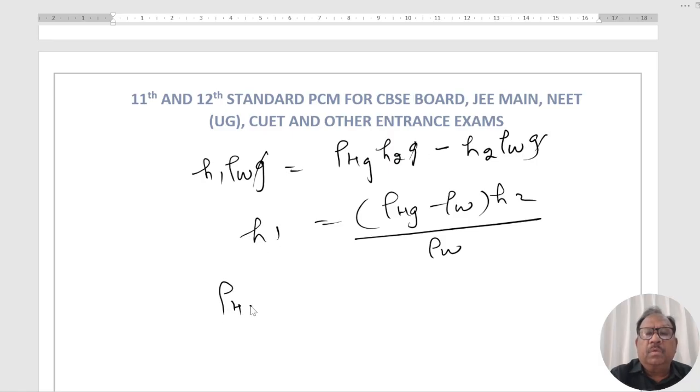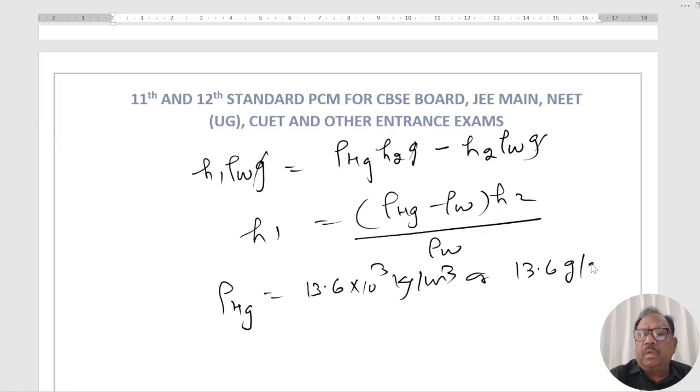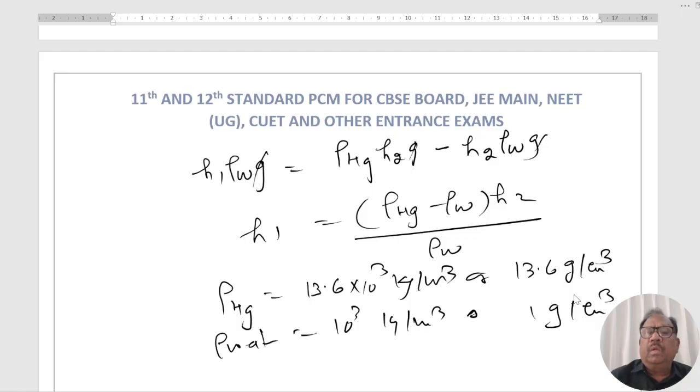Rho Hg is 13.6 into 10 to the power 3 kg per meter cube, or 13.6 gram per centimeter cube. And rho water equals 10 to the power 3 kg per meter cube, or 1 gram per centimeter cube. Right?